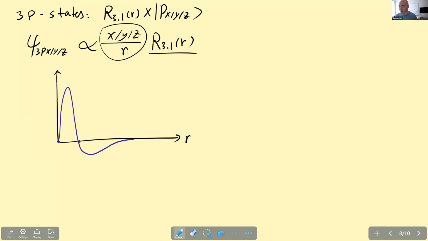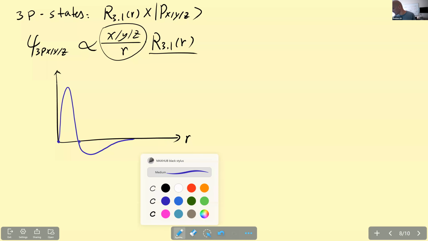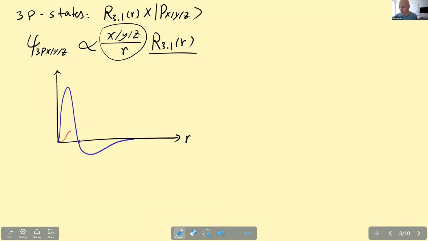If you're interested in the probability of finding the particle at a certain distance, you can have P(r) that equals r squared times R31 squared, right?